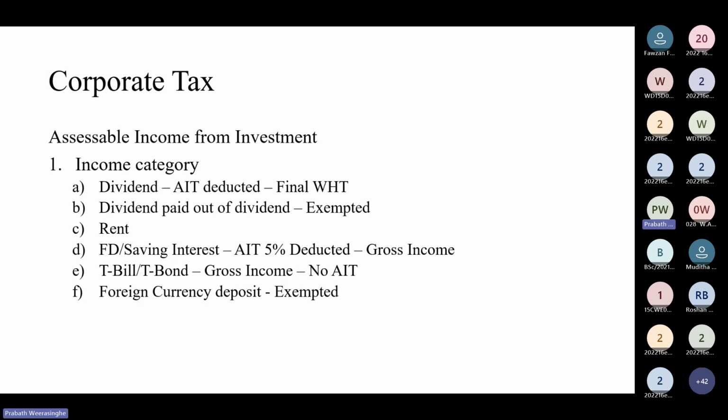In case of rent, it is 90% in case of net, so 10% we can deduct. But in case of treasury bills and treasury bonds, there is no AIT. Previously in Sri Lanka we had that on primary market transactions, but right now it is not there. Therefore, no withholding tax. But in case of the amount we received on the accrued for the period, we have to consider the total amount and no tax credit.